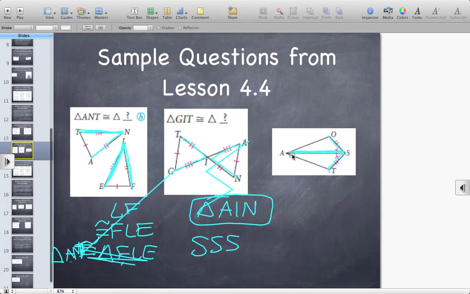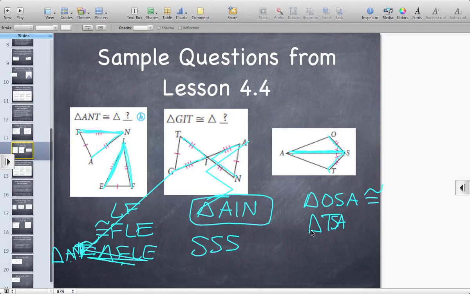So if we say OSA is congruent, then we could say TSA. And notice that the order I went in had to include that angle S there in the middle to prove that side, those 2 angles are congruent.